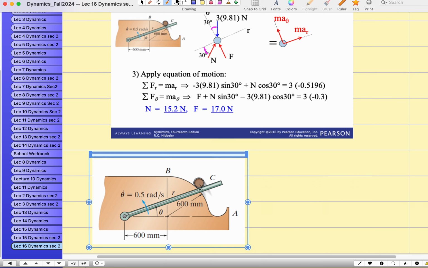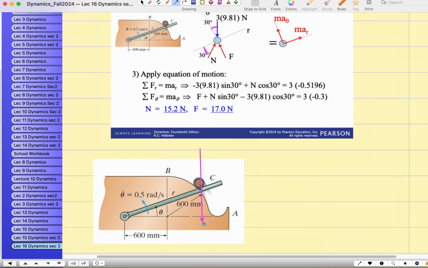Okay, this thing is clear: this angle is 90 degrees, this is 30 degrees, 60 degrees. And this is transversal, perpendicular to the radial.